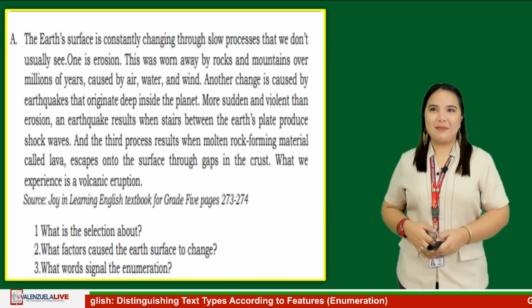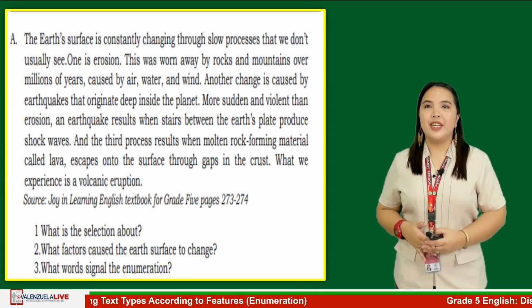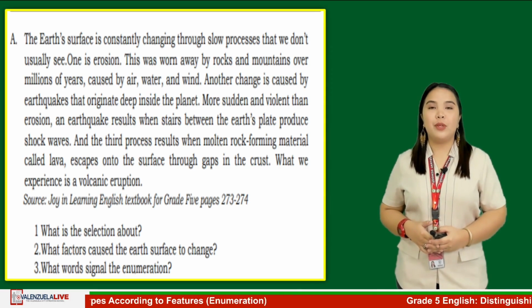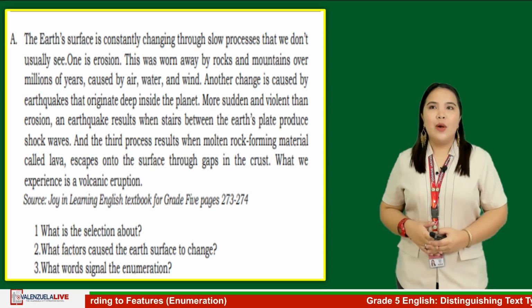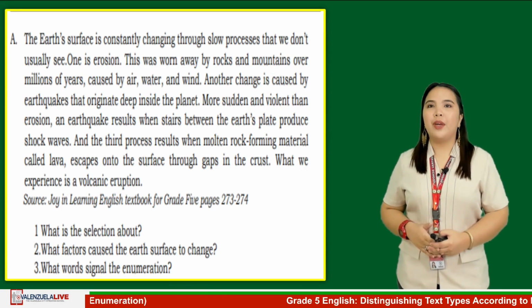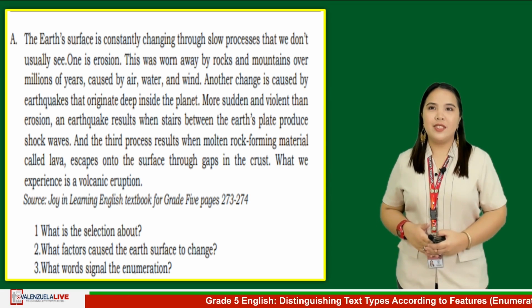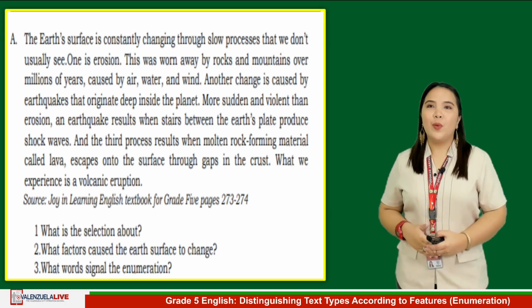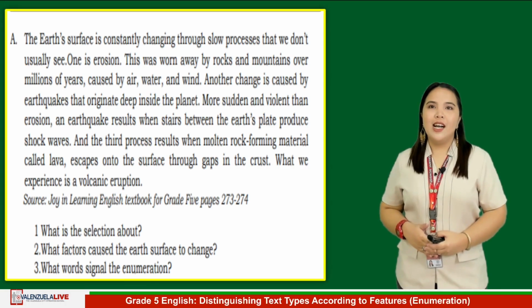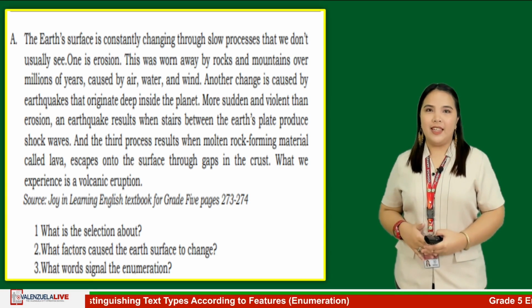Read along with me. The Earth's surface is constantly changing through slow processes that we don't usually see. One is erosion. This was worn away by rocks and mountains over millions of years, caused by air, water, and wind. Another change is caused by earthquakes that originate deep inside the planet.